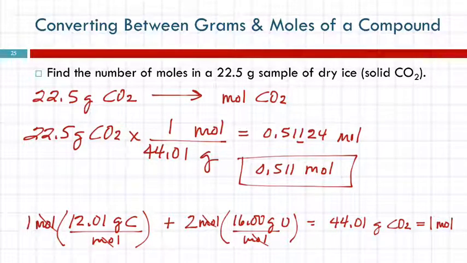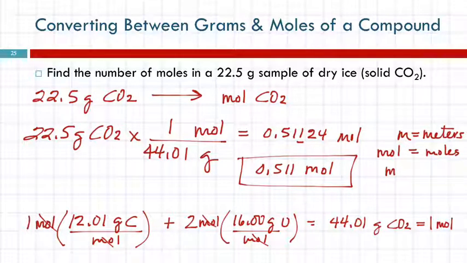Now, be careful with your units. I don't remember people doing this a lot before, but lately my students have been using M for moles. That's not moles. That's meters. MOL isn't short enough for you? MOL is moles. ML is milliliters.